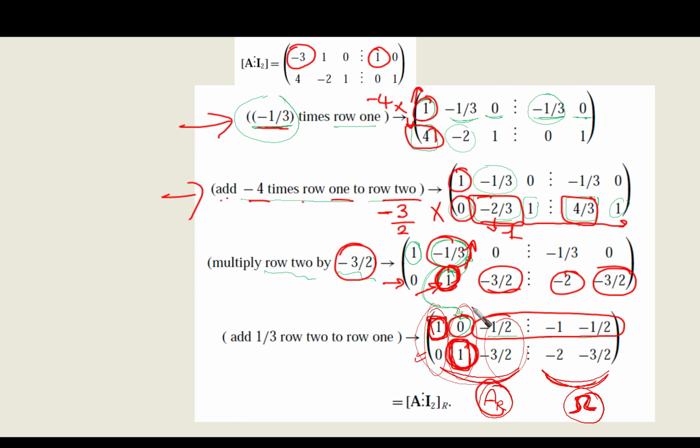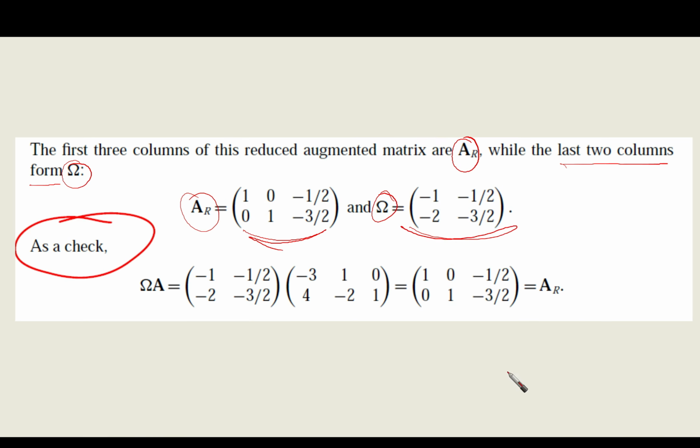Then this is considered to be AR. In this case, this matrix is going to be omega. How are we going to be sure of this? We are going to make the multiplication that we have said: AR, which we already obtained from the previous slide.